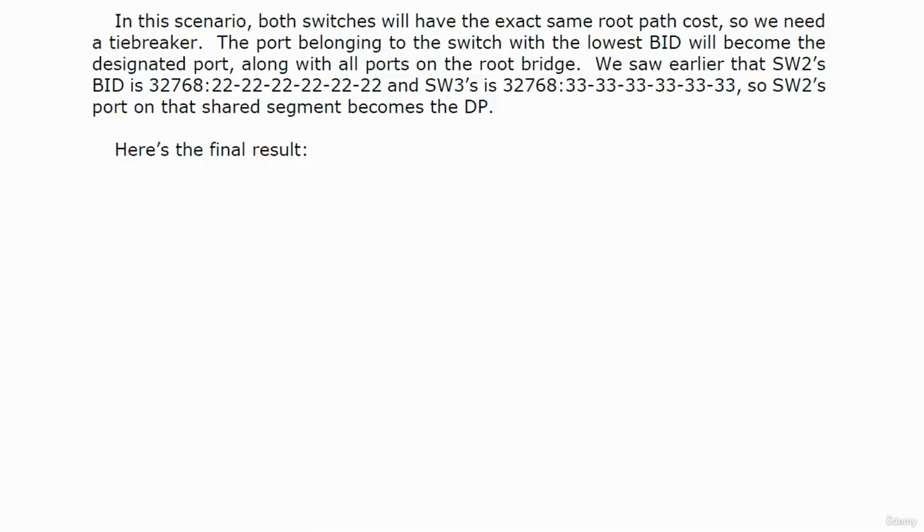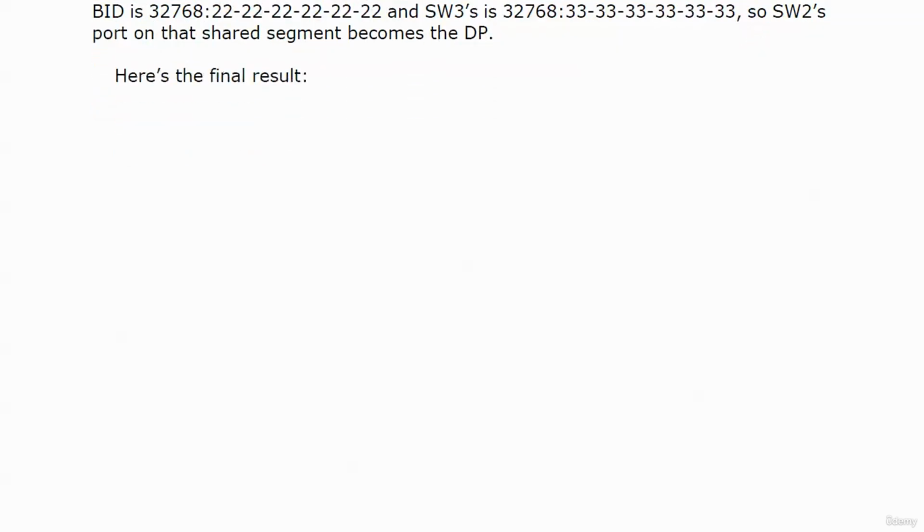The port belonging to the switch with the lowest BID will become the designated port, along with the ports on the root bridge. Switch 2's BID is 32,768 with all 2s. Switch 3's by default is 32,768 with all 3s. So switch 2's port on that shared segment becomes the DP.